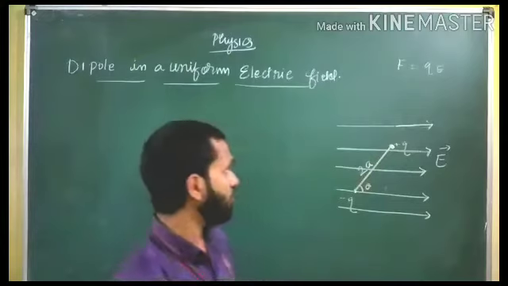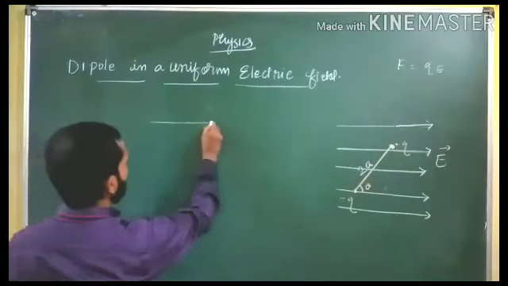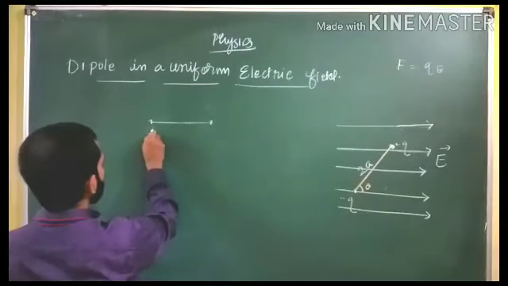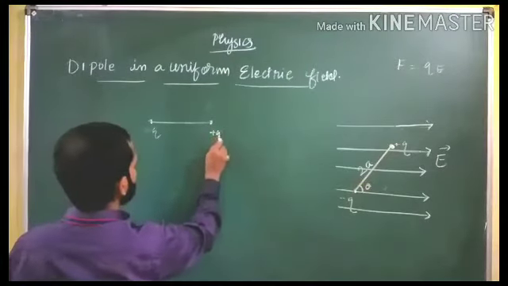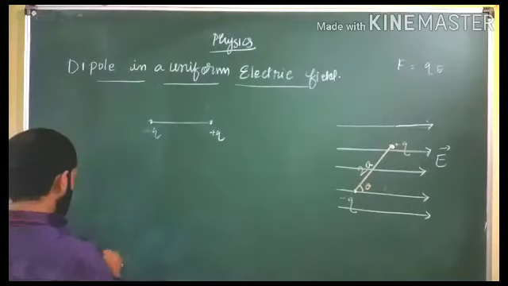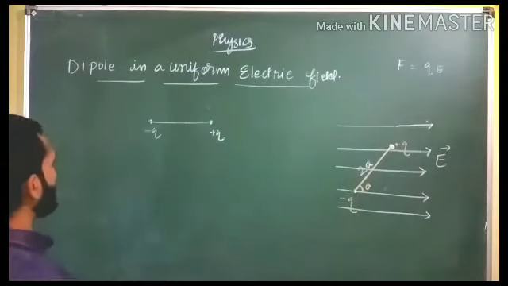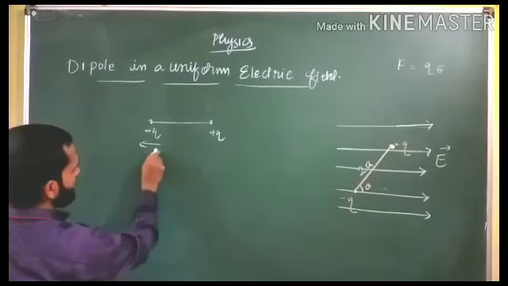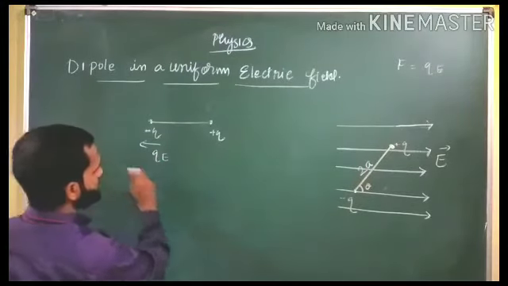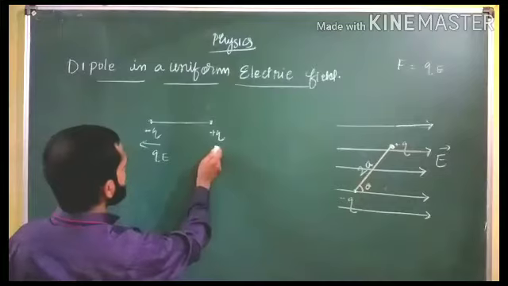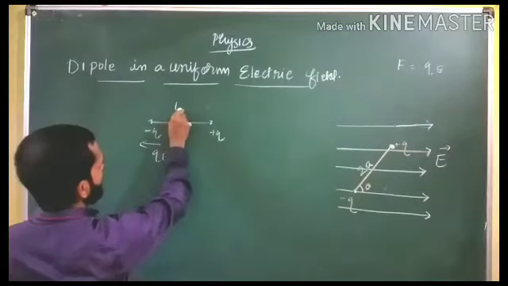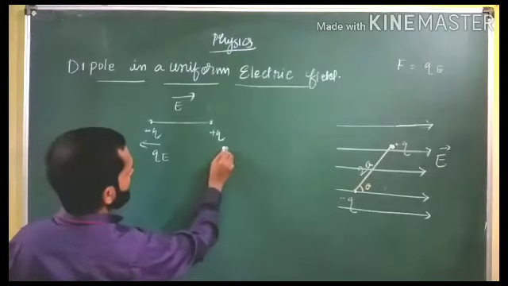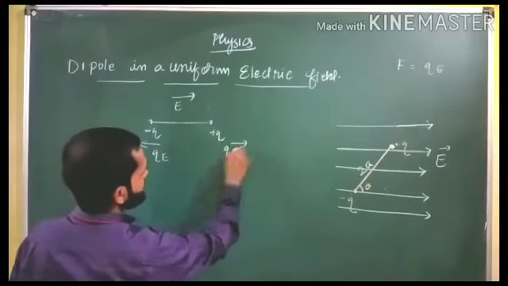So in the case of a dipole, here positive charge, here negative charge. Now the force acting on the positive charge is QE, in the direction of the field. And on the negative charge, the QE force will be acting in the opposite direction.